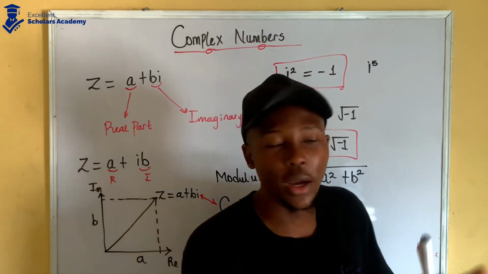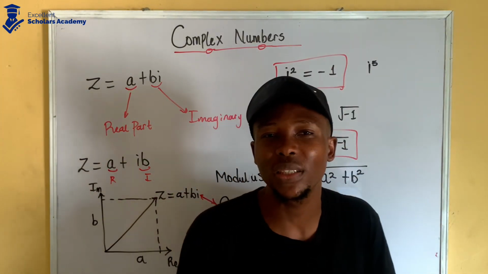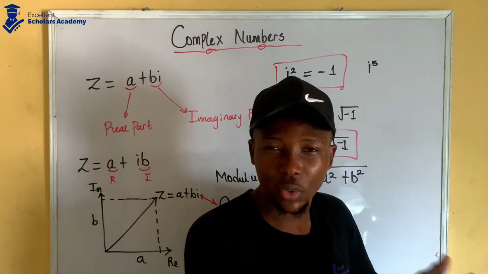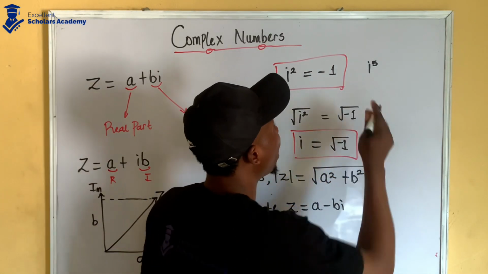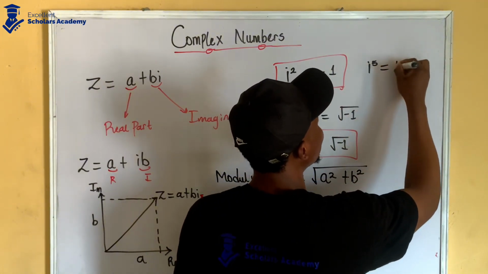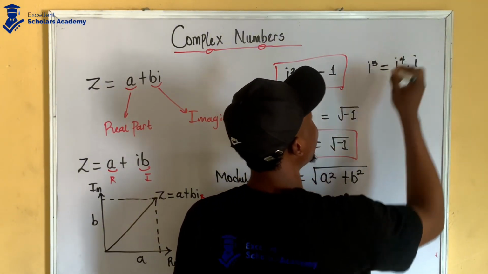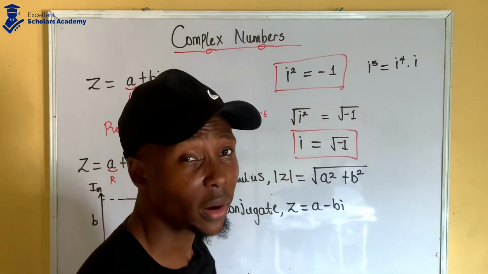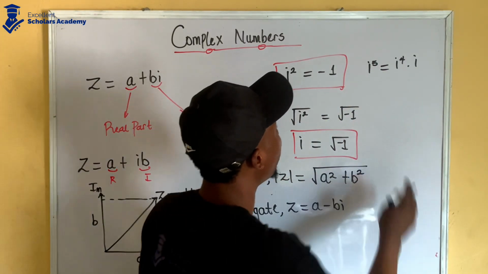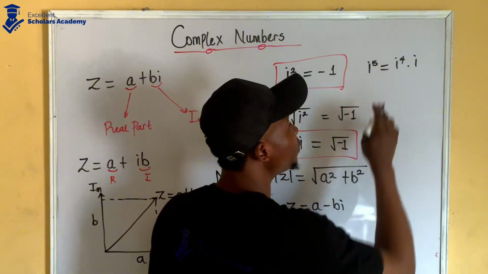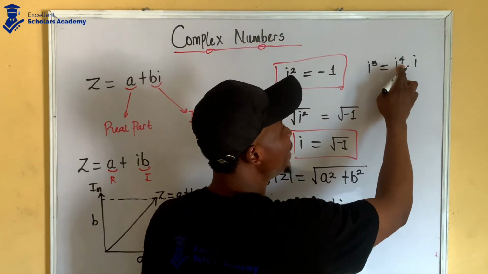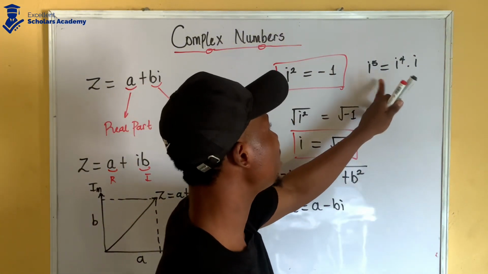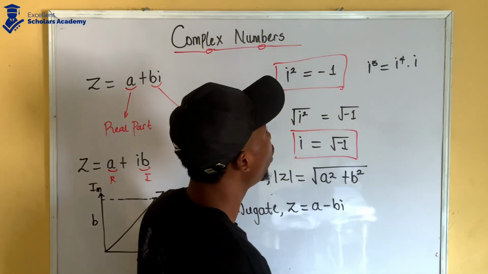For us to solve things like this, we have to make it have a power that is even. What do I mean? I can split I to the power of 5 as I to the power of 4 times I, because I to the power of 4 times I is still going to give us I to the power of 5. And this I to the power of 4 has an even power. So anytime you're given cases like this, try to make the power even.